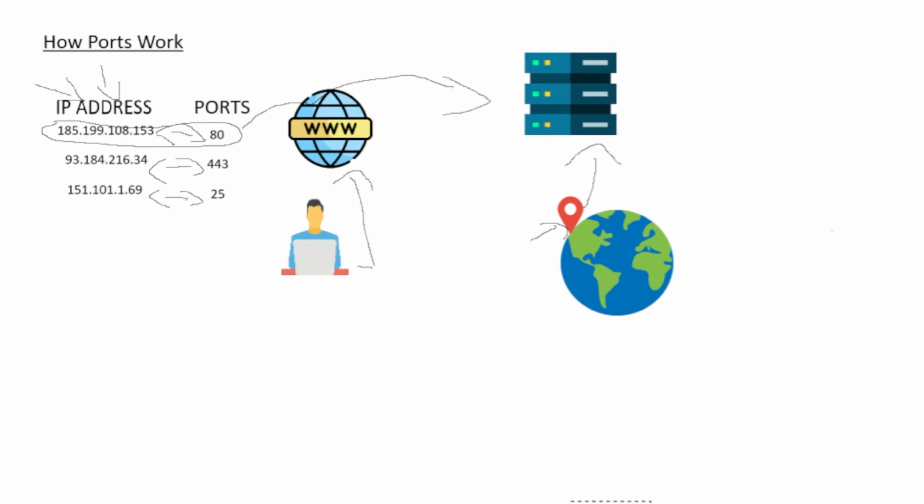When the data reaches the server, it asks what we want. Because servers often have different services to offer, that's where port numbers come in handy. They tell the server which door we want to use. In our example, we just want to visit a simple website. That means we want HTTP. And as we can see, that's port 80.